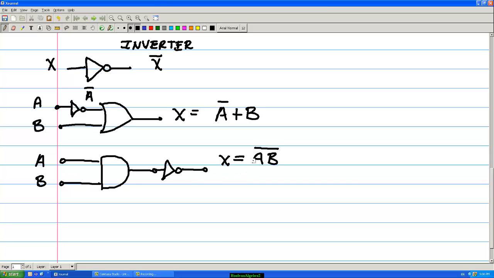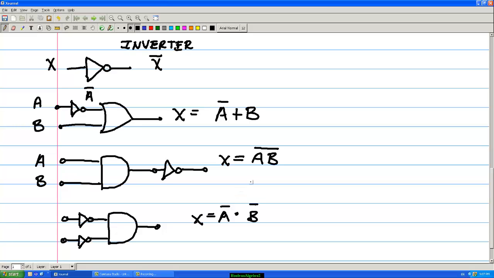Now we need to point out that this is not equivalent to having separate inverters on each input. So if we had an AND gate and we had an inverter on both of the inputs, that output expression would be defined as A not and with B not.